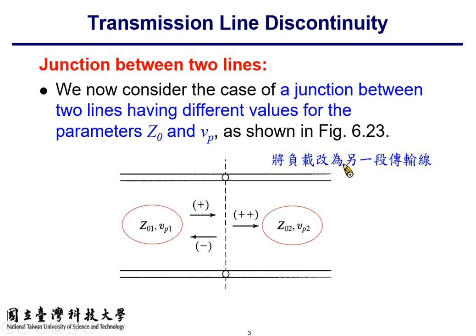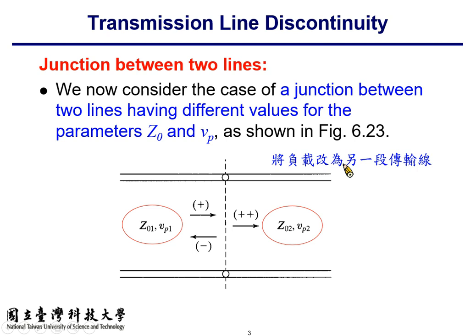In this case, as the figure shows, we have a transmission line coming from the left and another transmission line connecting to the right. Between them, there is a vertical dashed line that separates the left and right-hand sides of the two transmission lines. As you can see on the plot, the two sides are marked with different properties.